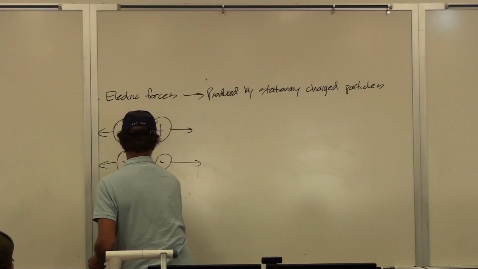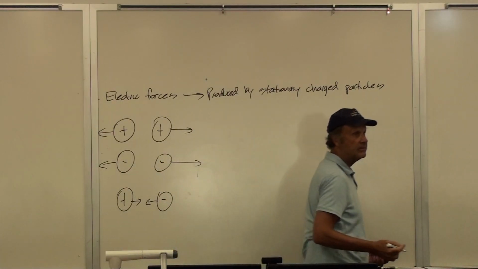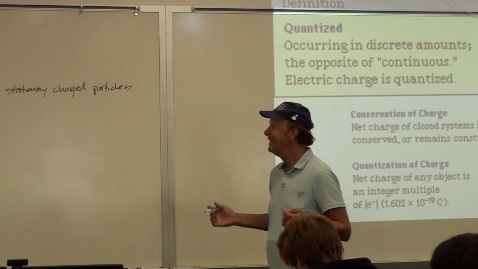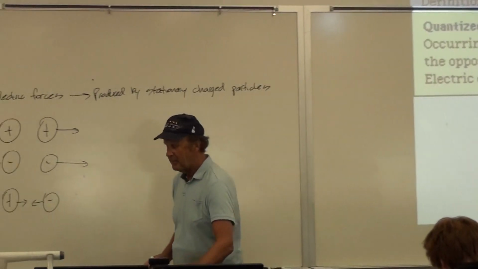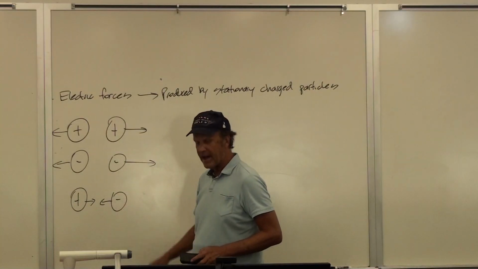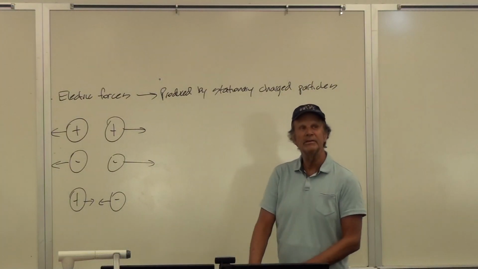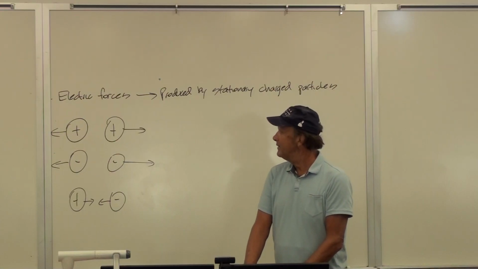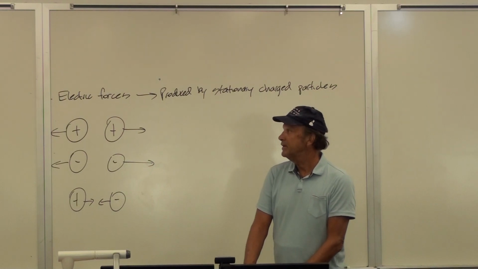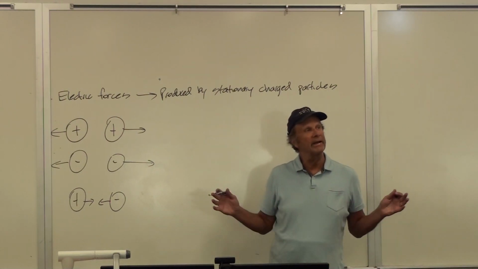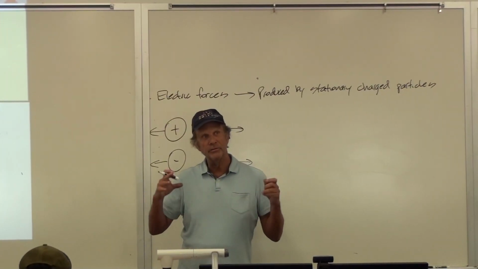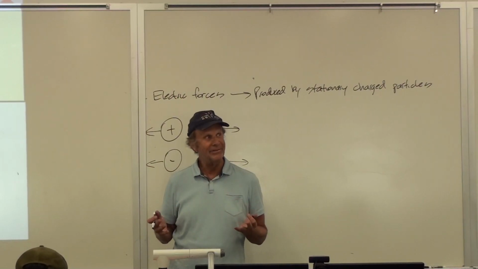So this seems pretty obvious and maybe kind of elementary to say this, but it turns out that if you use these important facts, you can make life so much easier for yourself just by realizing that like charges repel and unlike charges attract. It is going to simplify so many calculations that you'll be doing, because you can always break it back down to force relationships where you already know what the answer is.